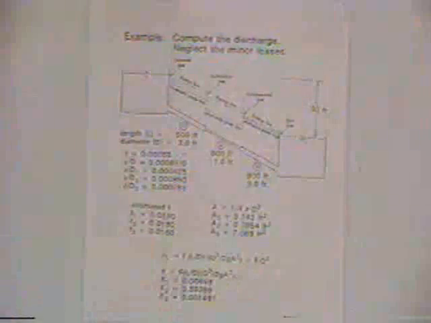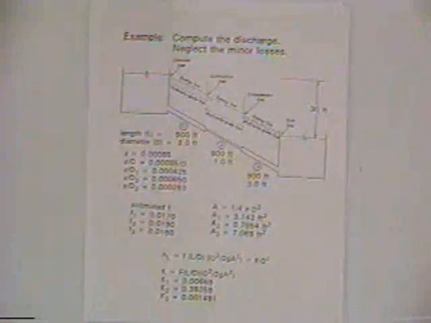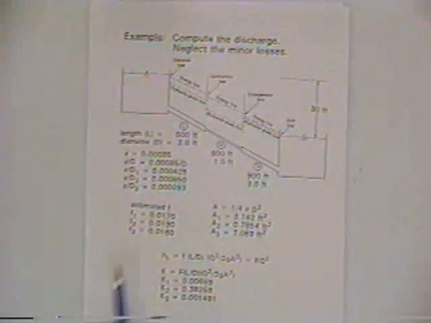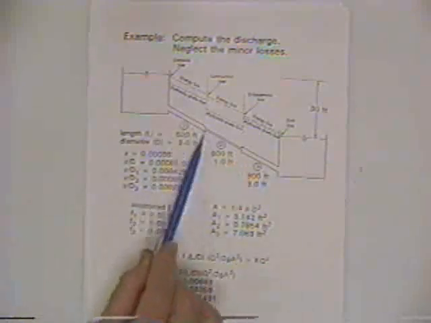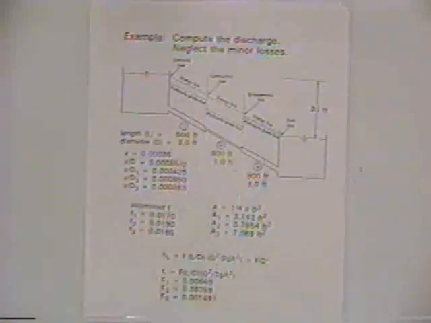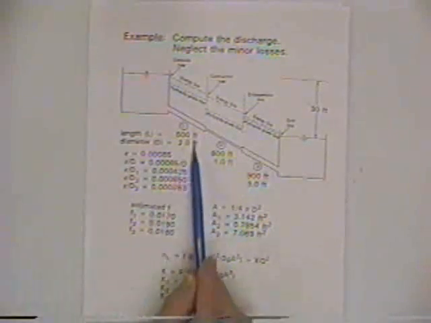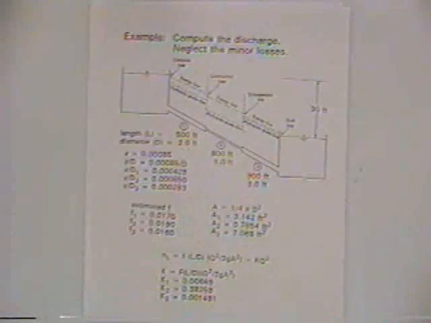And here's the same problem we did before. The only difference is before we connected two reservoirs with one pipe, now we connect them with three. We've got the same 30 feet of difference in water surface elevation, and three pipes in series, and each of the three pipes has different characteristics: different lengths, different diameters.